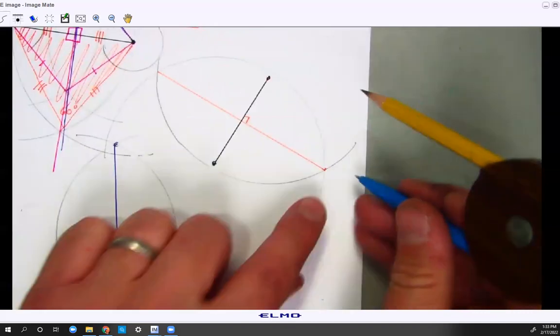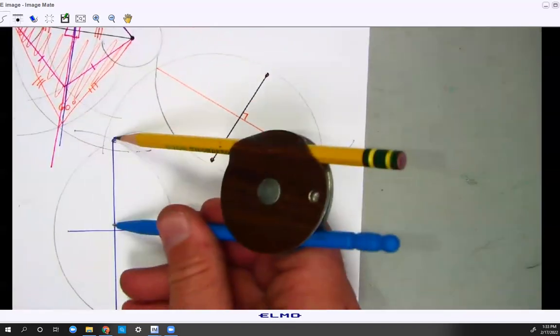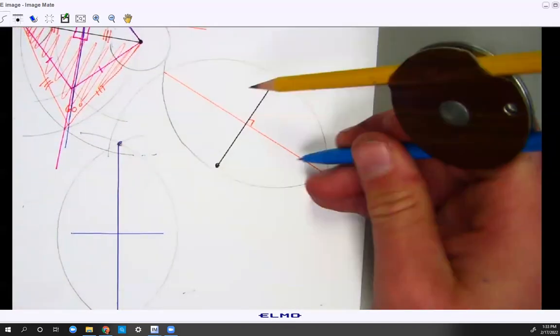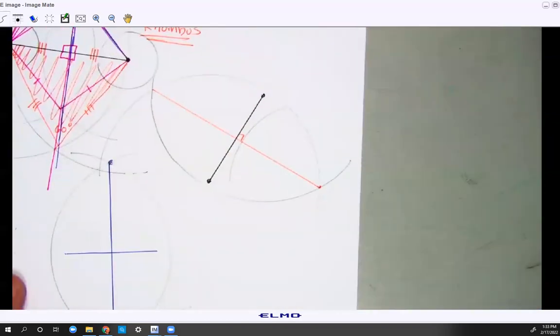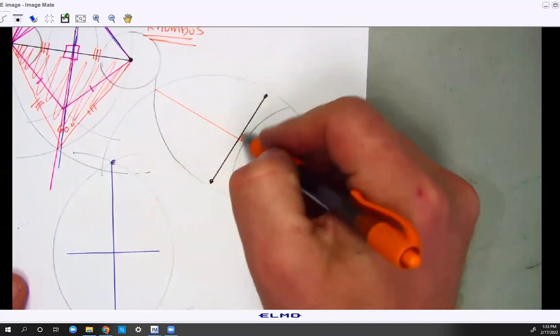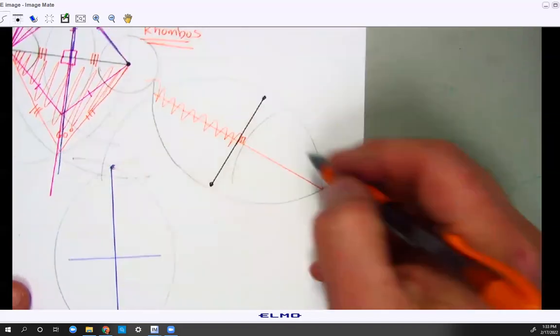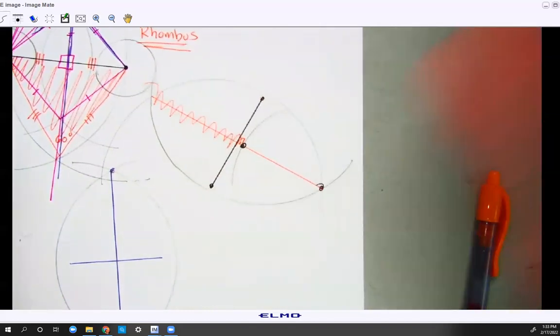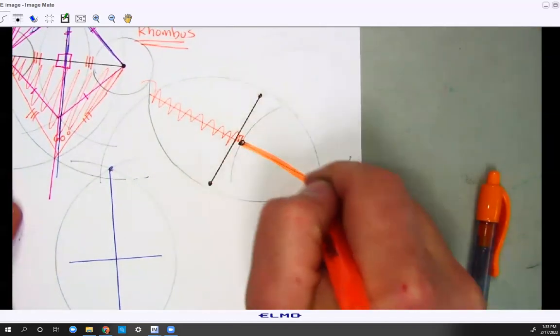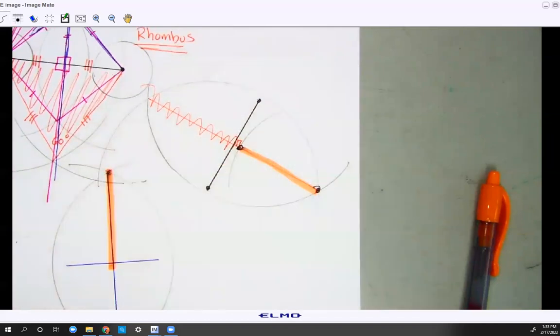Maybe you want to shorten this orange line so that it's the same length as right here. Just put your compass right here on the end, draw a little arc. And if we cut all this off, from here to here, and highlight that, is the same length as here to here.